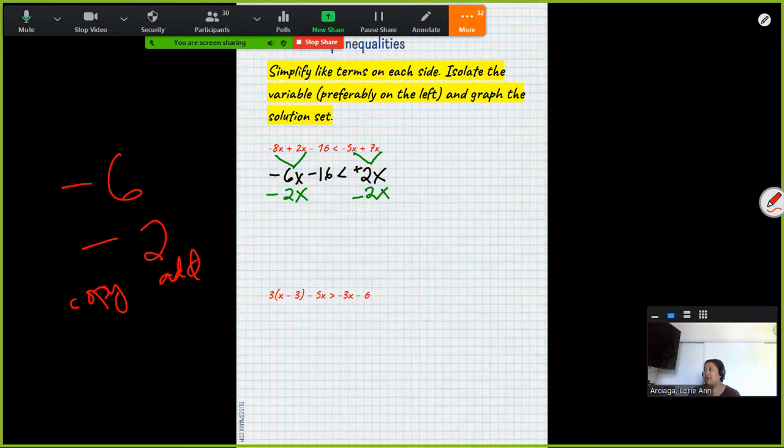The answer is negative 8x. Okay. All right. So it will become negative 8x minus 16 is less than, since we emptied this out, that's going to be 0. And Louise further said it's negative 8x less than 16.